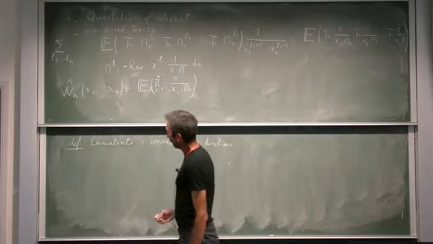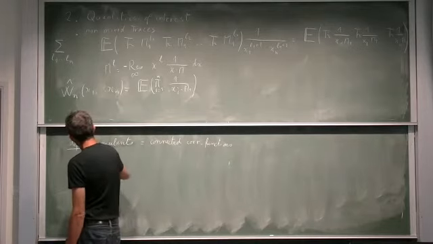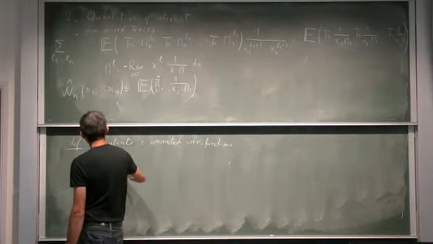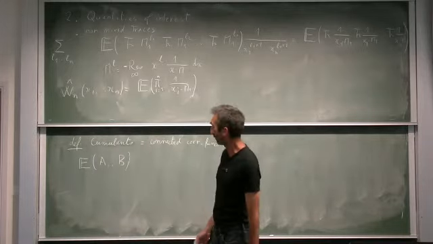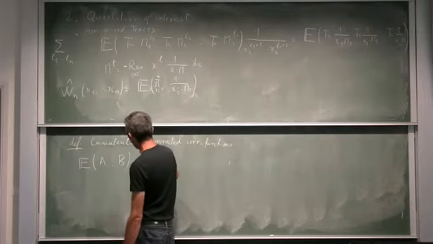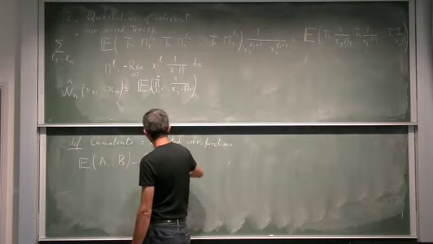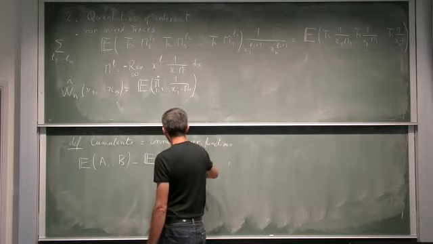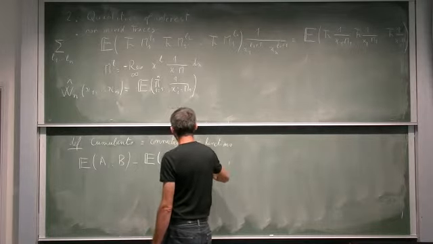So the idea is that when you have an expectation value of a product, A times B, a product of two quantities, whatever they are, and typically for us, these would be the traces, then it's interesting to compute the covariance, which is you subtract the product of expectation values.